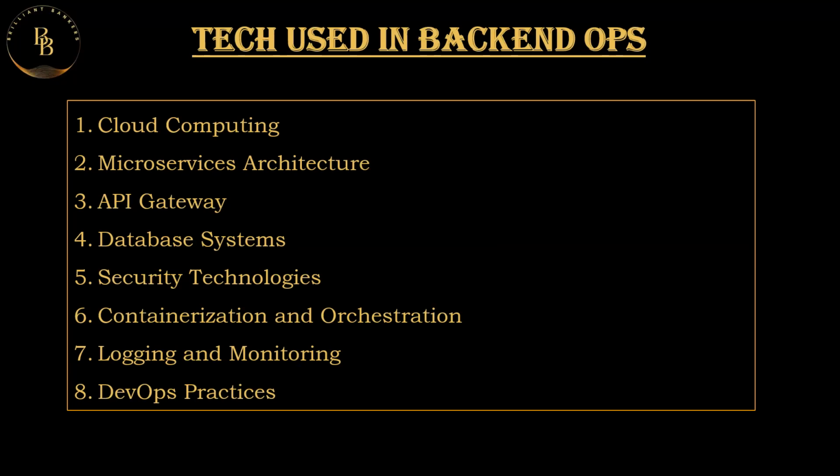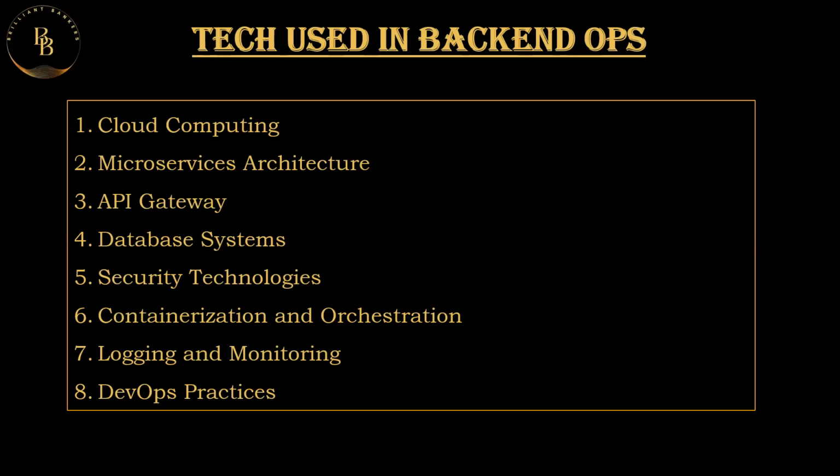The database system, the RDBMS or relational database management system, or the NoSQL databases are used to store and manage the data efficiently. Some examples of database management systems are MySQL, PostgreSQL, MongoDB, and Cassandra.